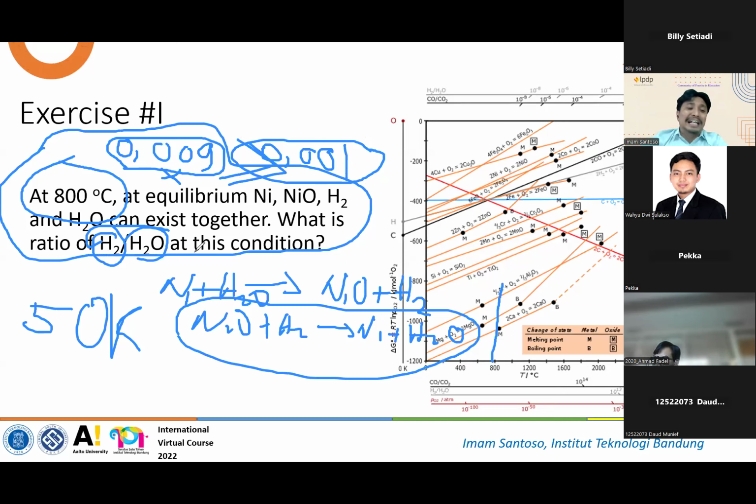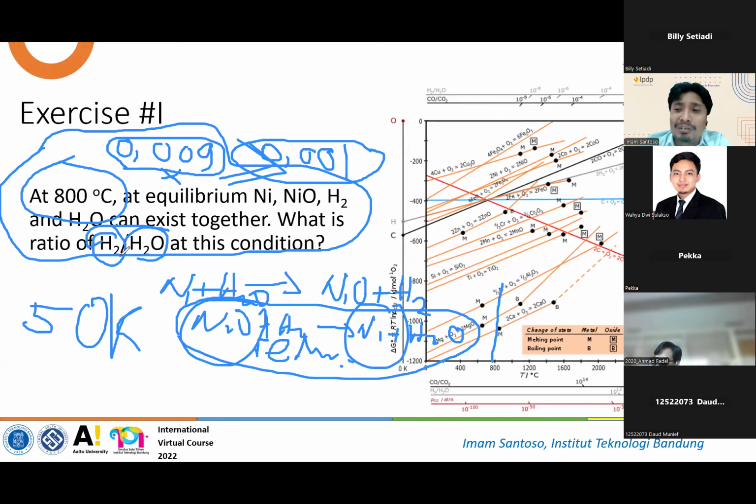If the ratio between hydrogen and water is below 0.001, reduction will not happen. Reduction is reaction number 2, the production of nickel from nickel oxide, or nickel laterite.